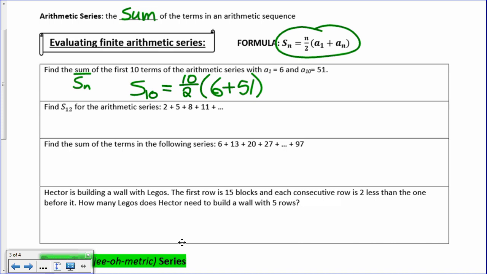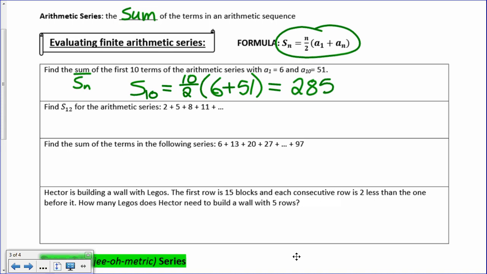Sometimes you have to look at the sequence, like we'll see in the next one, to find A sub 1 or A sub n. So this is going to be 5 times 57. This is 5, and add those together you get 57. So it's 5 times 57, 285. So if you were to take all those numbers and write them out and then add them together, you get 285. That's what this formula does for you.